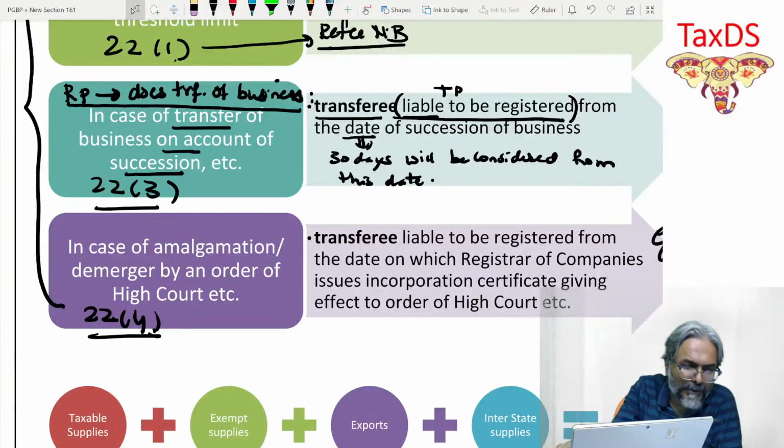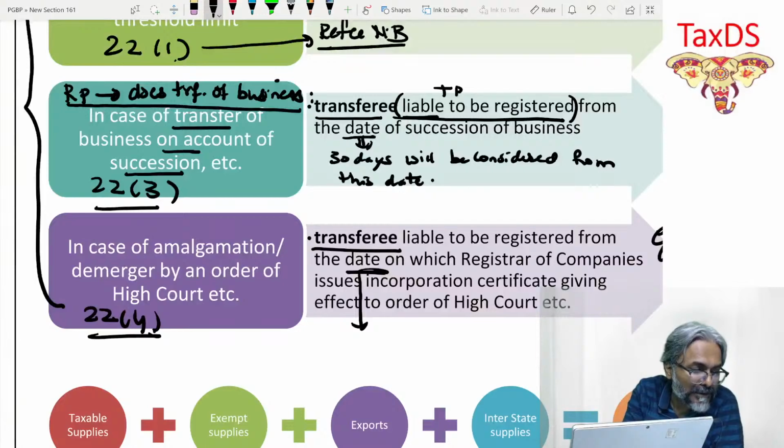And if you talk about 22(4), in the case of amalgamation or demerger by an order of the High Court, then the transferee, meaning the amalgamated company or the resulting company, is liable to be registered from the date on which the registrar of companies issues the certificate of incorporation, students.